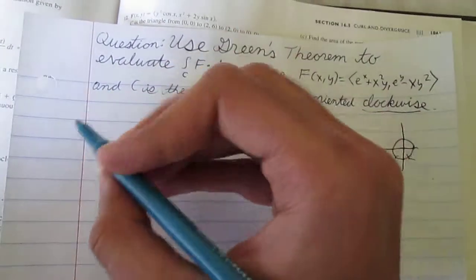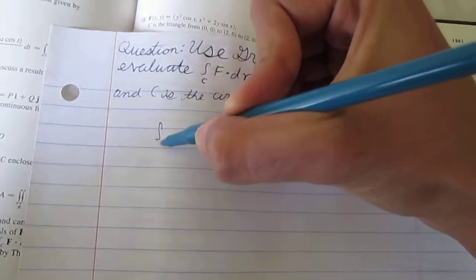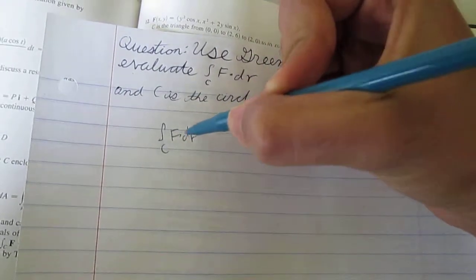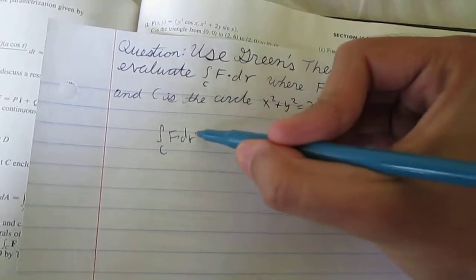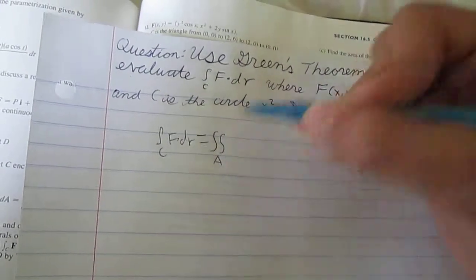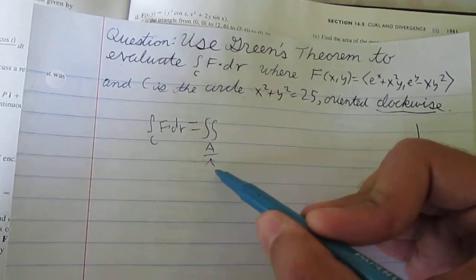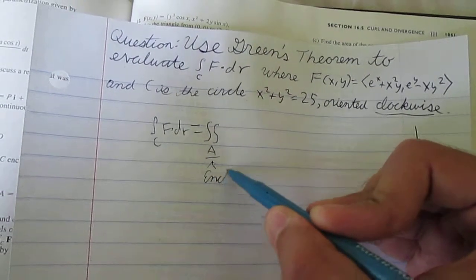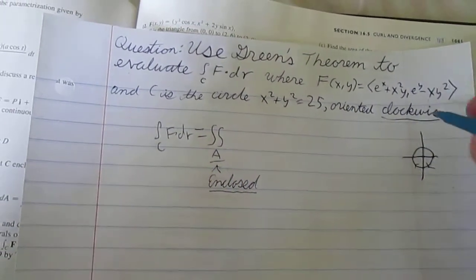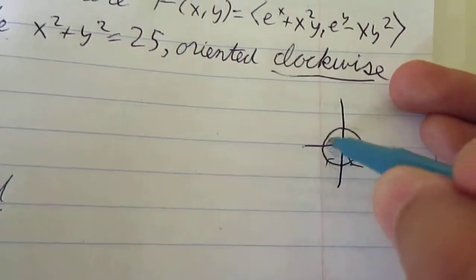Alright, so what does Green's theorem actually tell us? Well, we know that the line integral of F dot dr over this curve C is equal to the double integral over A, where A is the area enclosed by the curve C. In this case, our A is this region right here.